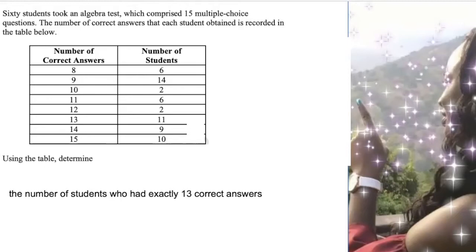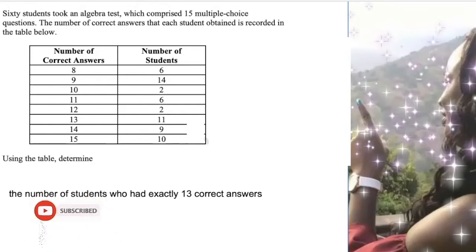13 correct answers. Based on the table that we have here, the number of questions students get correct in a multiple choice test comprises of 15 questions. So we have 15 questions in this multiple choice assessment.